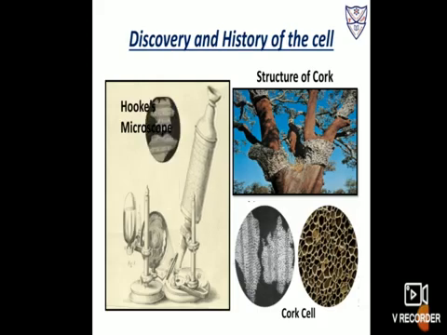He noticed a large number of compartments in the cork slice, resembling the structure of a honeycomb. Robert Hooke coined the term cell for each box, which in Latin means little room. Robert Hooke had actually seen the dead wall of the plant cell. These cells had lost their living contents and looked like little rooms.